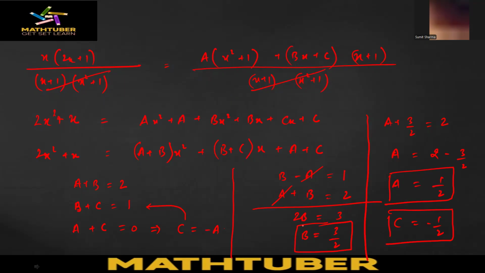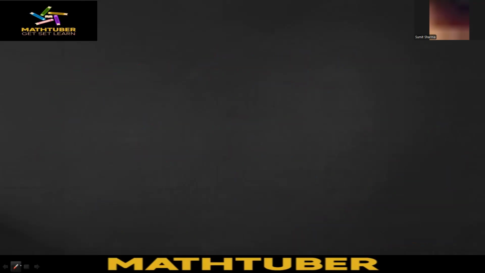So it will be integration of dy into integration of 1 by 2 upon x plus 1 plus 3 by 2 x minus 1 by 2 upon x square plus 1 dx.